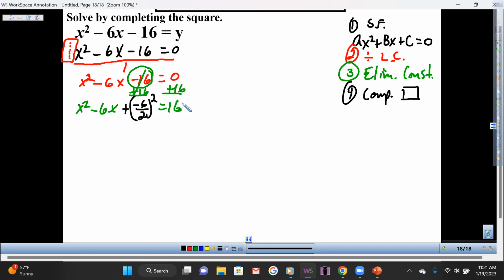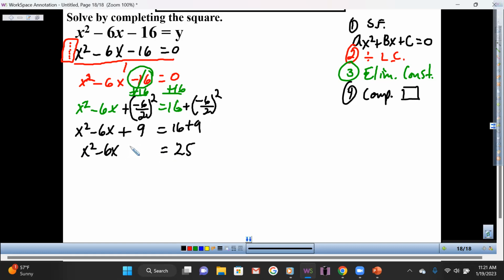But now since we have an equal sign, that means we need to do that to both sides of the equation. Now let me simplify this. x squared minus 6x plus, this is 9, equals 16 plus 9. Can I simplify the right side a little bit more? Yes, 25 equals x squared minus 6x plus 9.